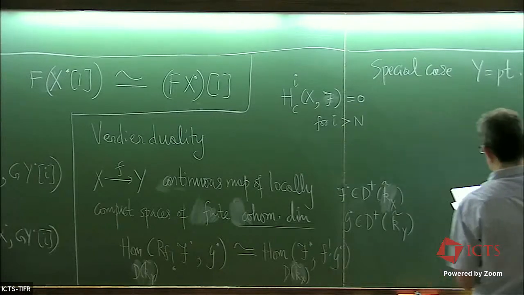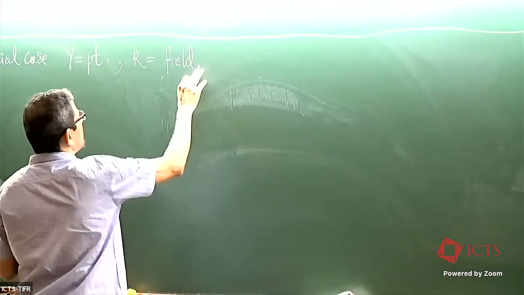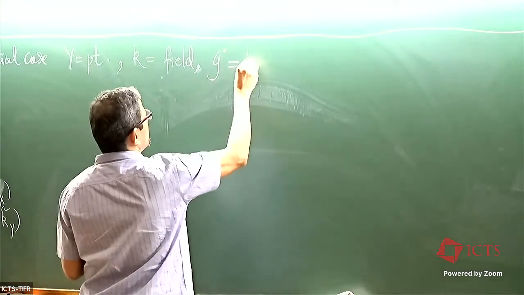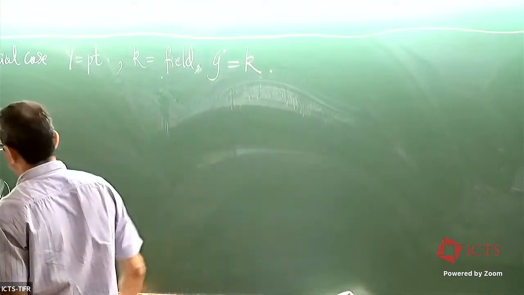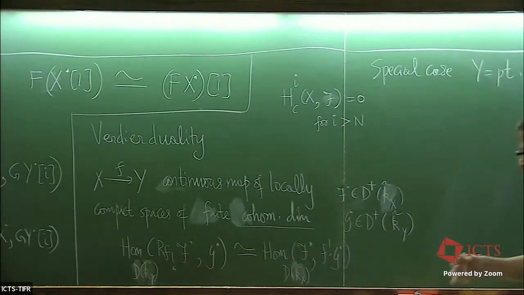Y is a point, K is a field, and we'll also assume that G^• is K. This assumption is not serious because if you're talking about a field here, then everything is a direct sum of translations of the field. So might as well just understand what is happening when G^• is just one copy of K.